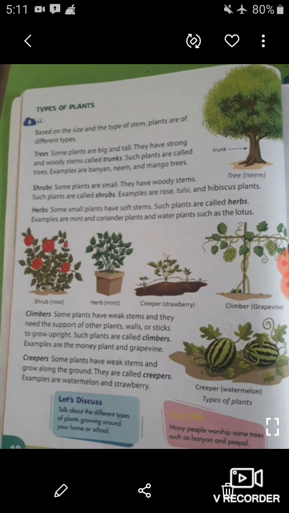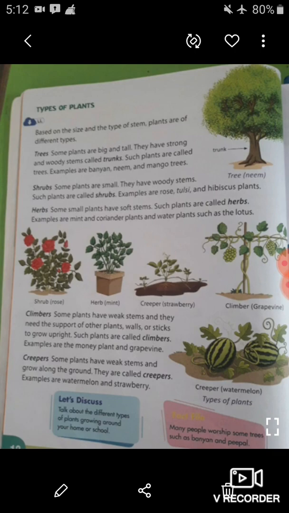Look here in the picture of the neem tree, the trunk is shown here. Such plants are called trees. So what are trees? Plants with strong and woody stems, and they are big and tall. Examples of trees are banyan, neem, and mango trees.